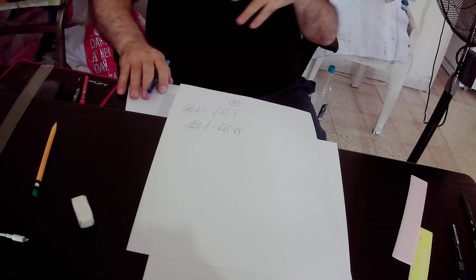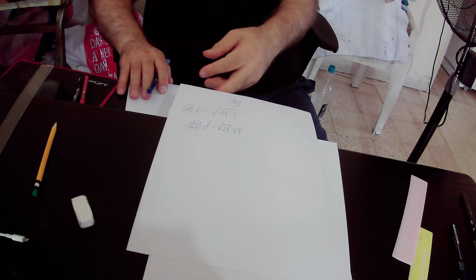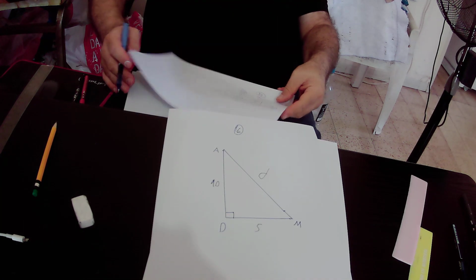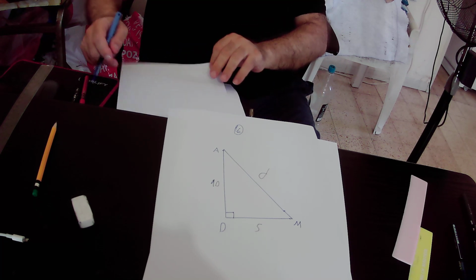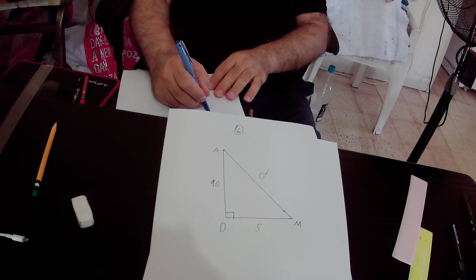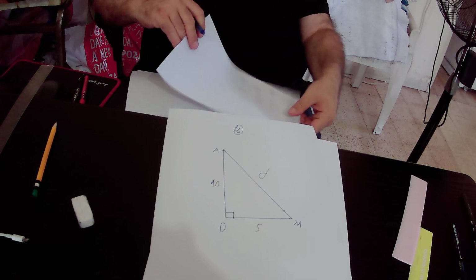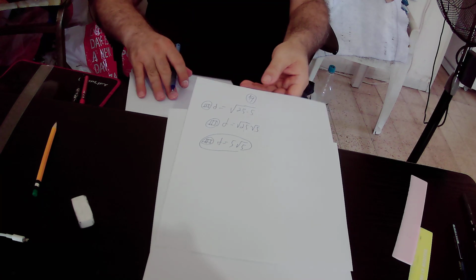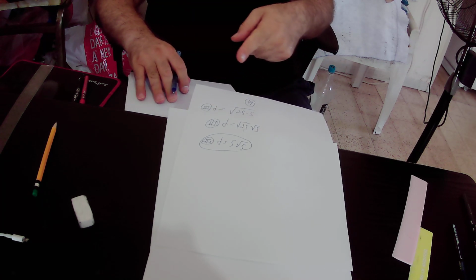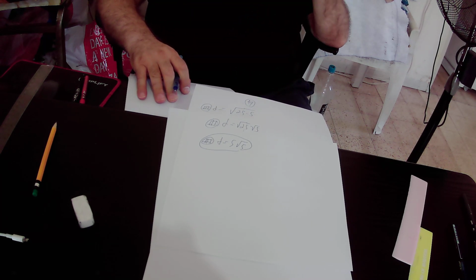And the root of 25 is 5, so I will write it down. So root of 25 is 5, so we got that d equals 5 times root 5.